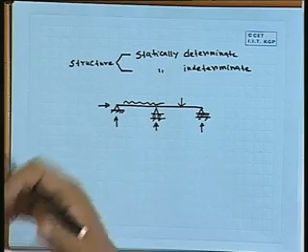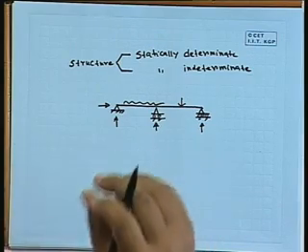Normally out of 3, already 1 equation we have taken care of in order to handle the horizontal part. So with vertical and moment, 2 reactions we can determine.